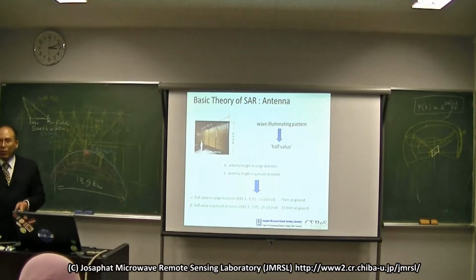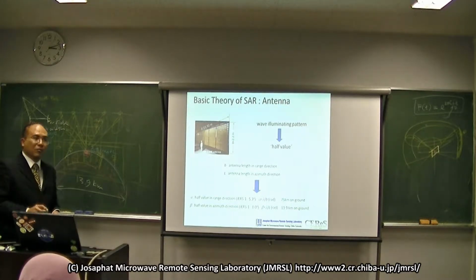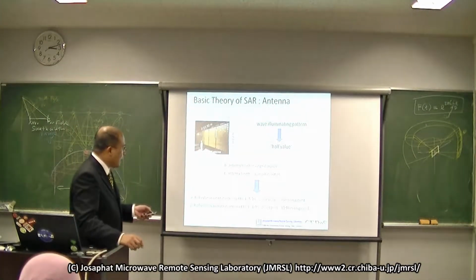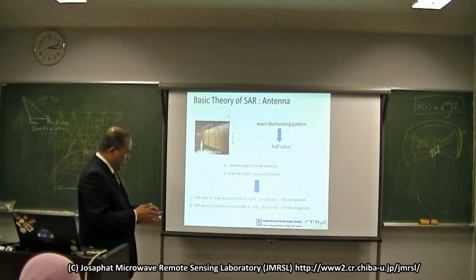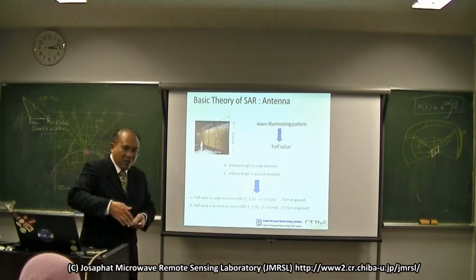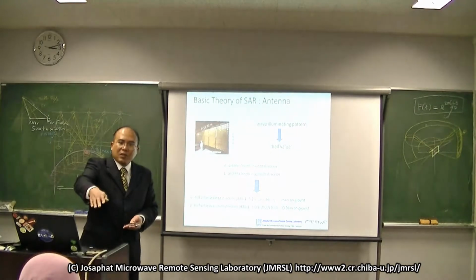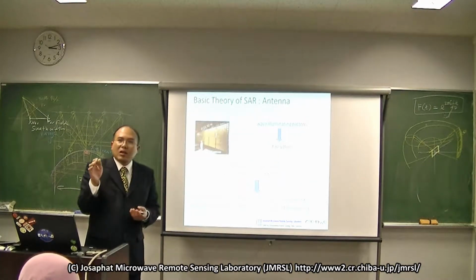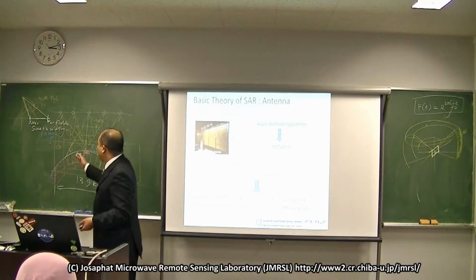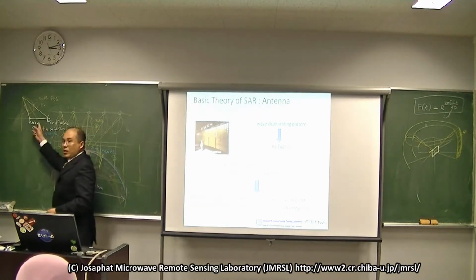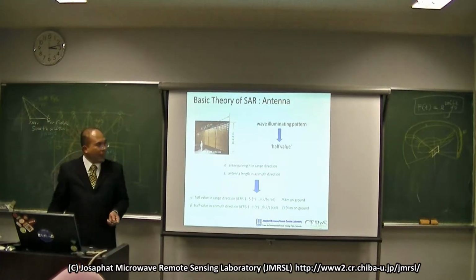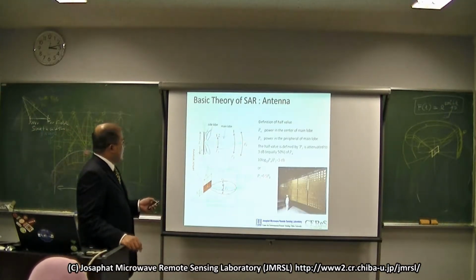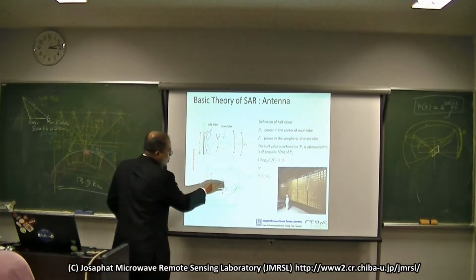You need 14 kilometers to generate 1 pixel. The response point is 14 kilometers, and that is the azimuth. Here is the range, 75 kilometers. It means your swath width is 75 kilometers.